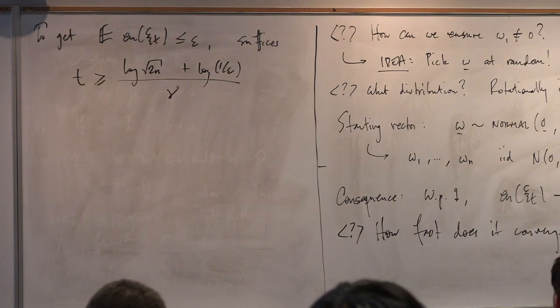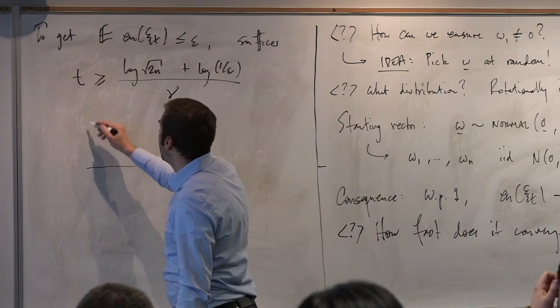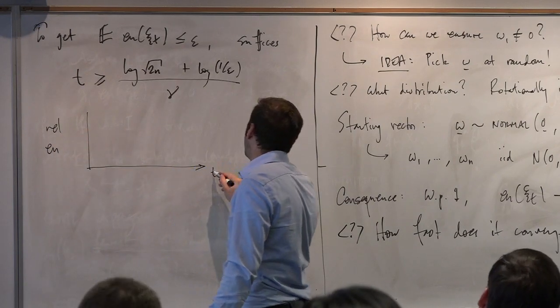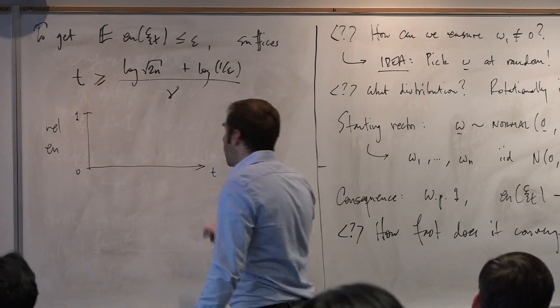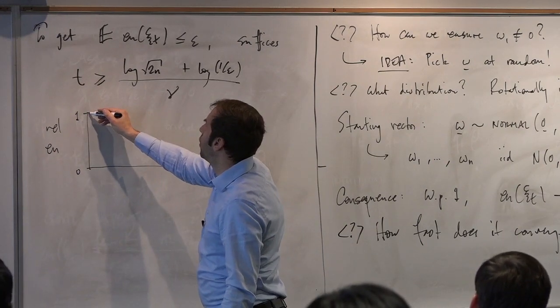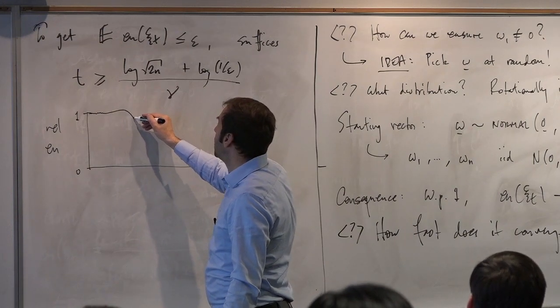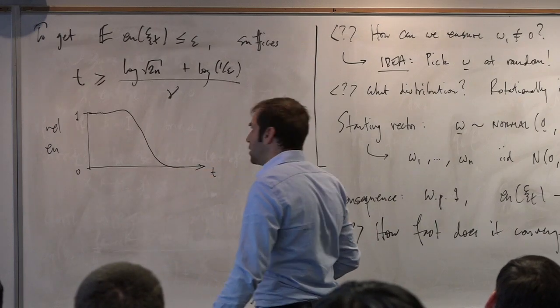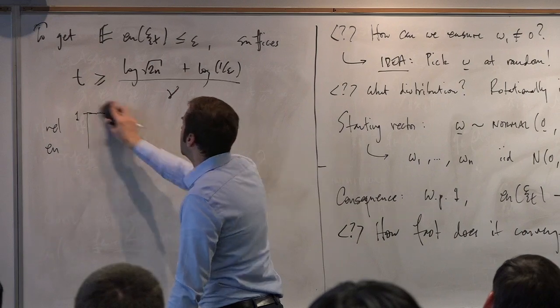So what this tells us is that if you plot the relative error as a function of the number of iterations, the relative error doesn't do anything for a while, and then it starts to decay exponentially fast. Actually, let's do this on a log scale, sorry.